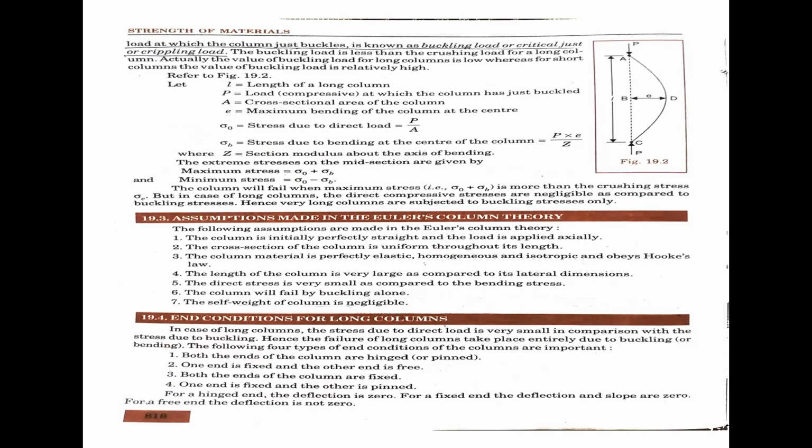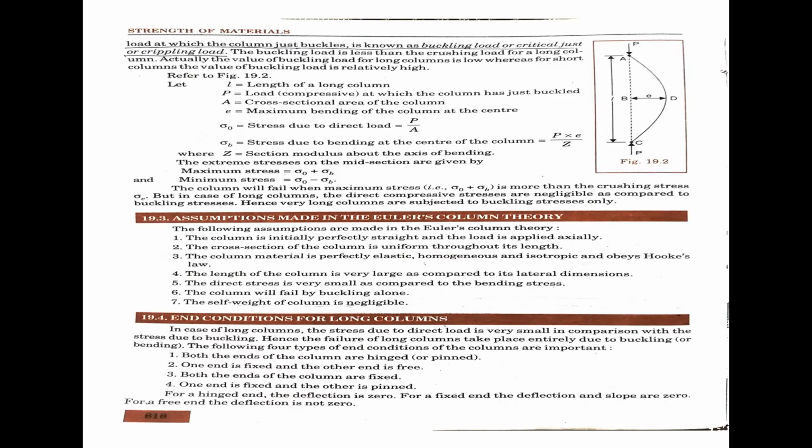The bending of the column is the failure. That is the failure of a long column. Sorry, the long column fails only by buckling or crippling or bending. The middle portion bends. That is the failure of a long column.